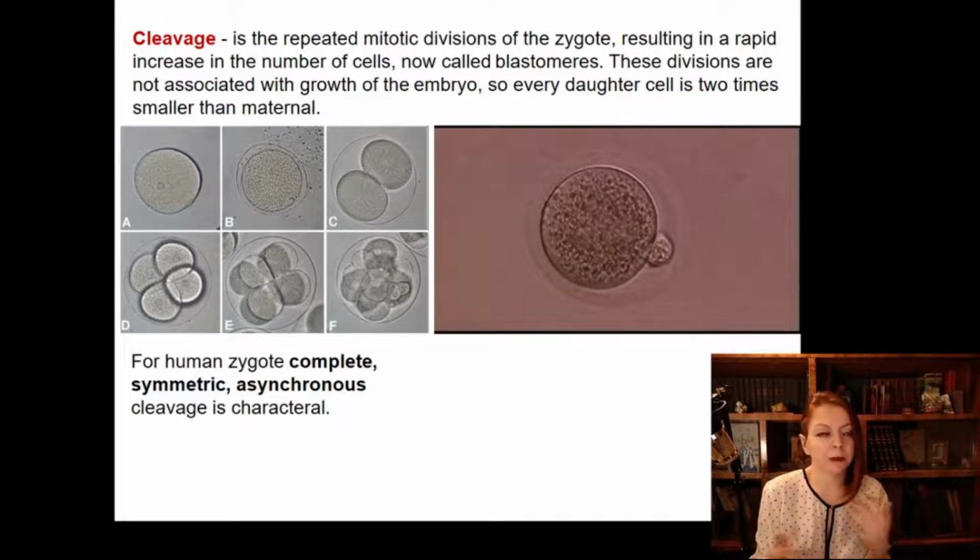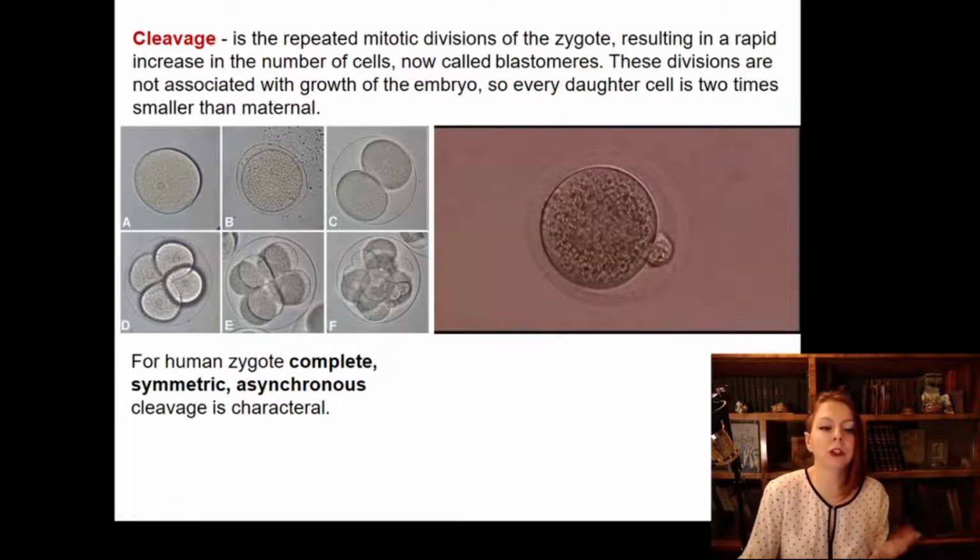Only the oocyte has some yolk granules, and during the first 5 days, no external sources of nutrients are used, only internal sources. That's why every daughter cell just after division is 2 times smaller than the maternal cell. That's why we call this cleavage, but not mitosis.